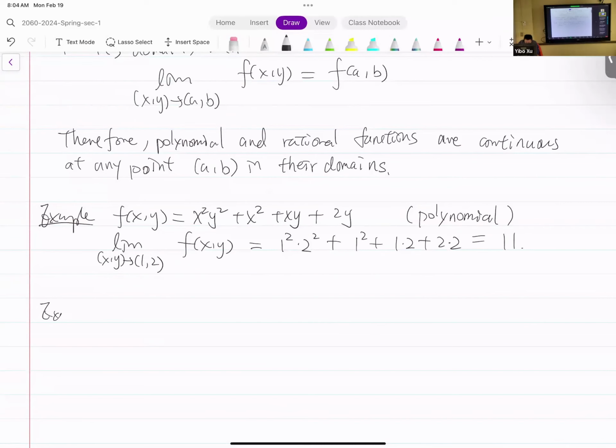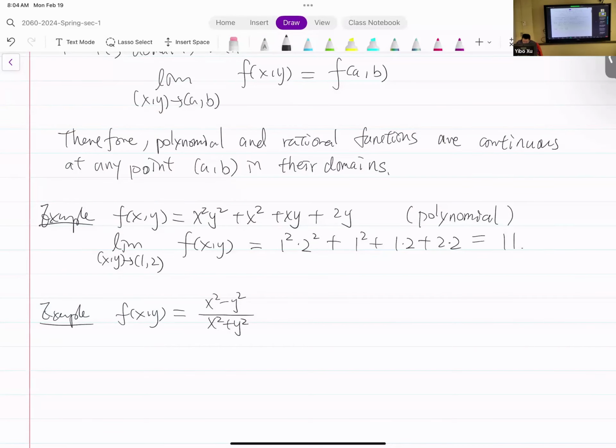And really similarly, if we have a rational function, which is actually just a quotient between two polynomial functions. Okay, so if you see, this is the example that we have done already. So x squared minus y squared, that's a polynomial, of course, over x squared plus y squared, that's another polynomial in the denominator.